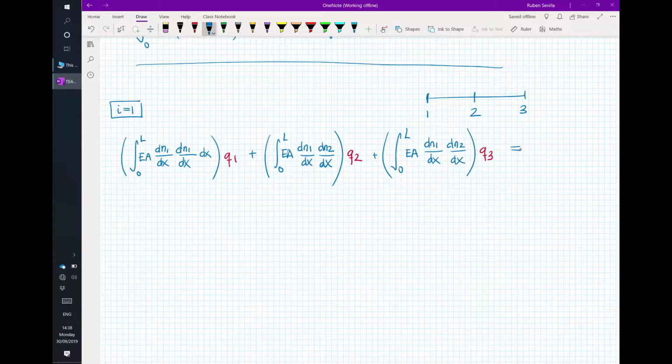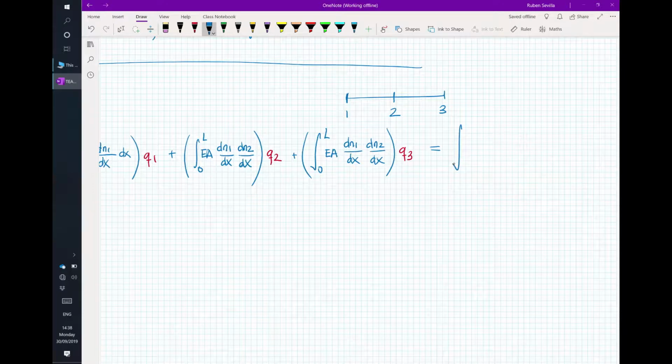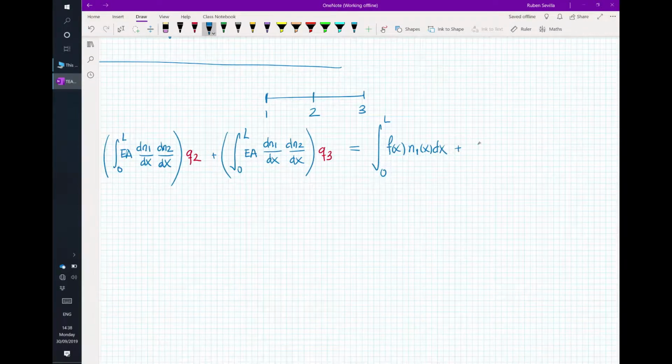And what do you have on the right? The integral from 0 to L of f multiplied by N1, plus 3 times the area at the right end multiplied by N1 at L.